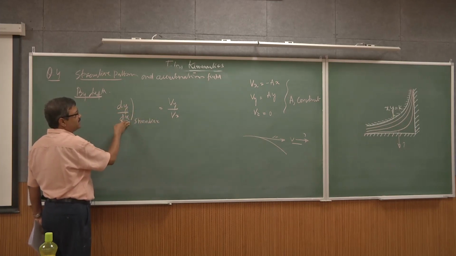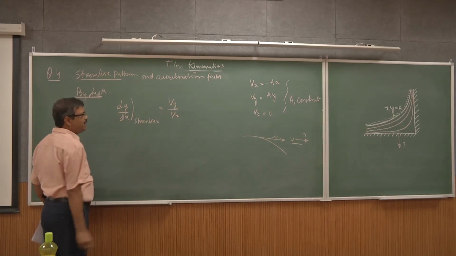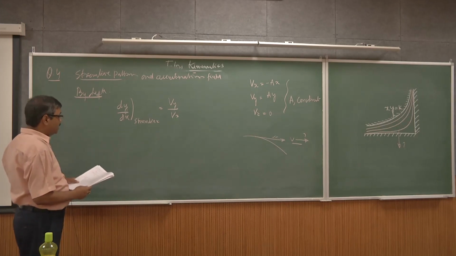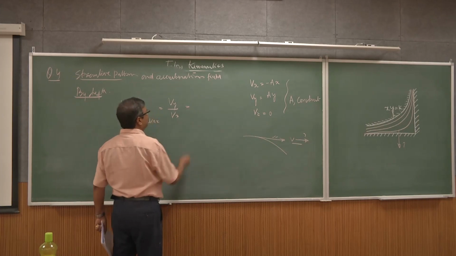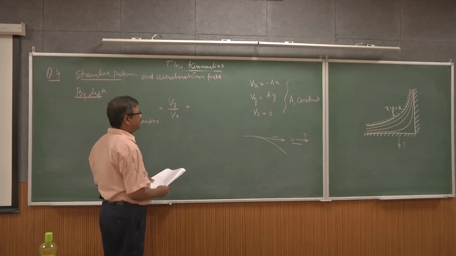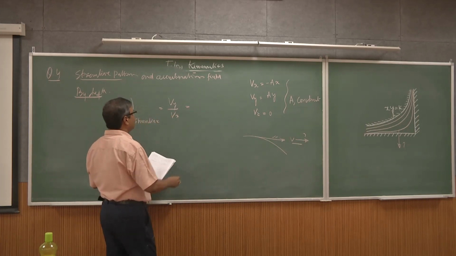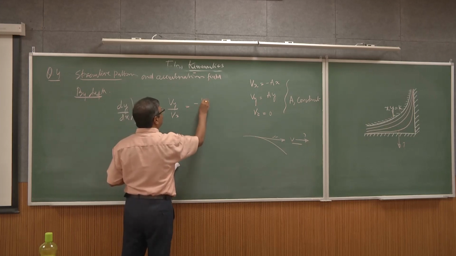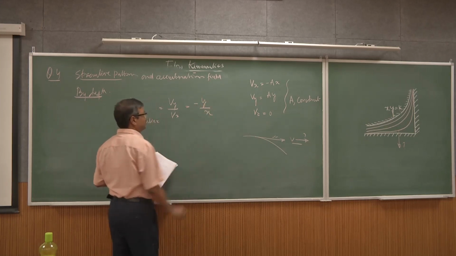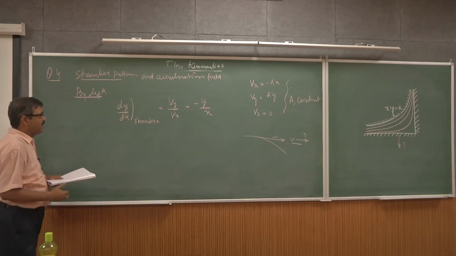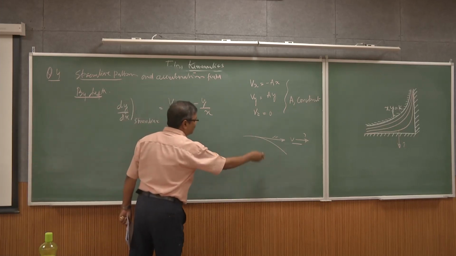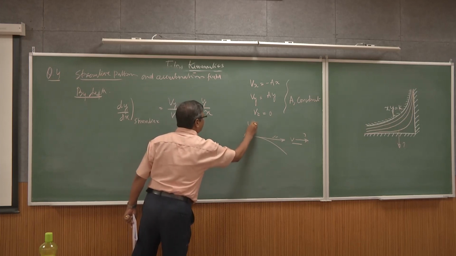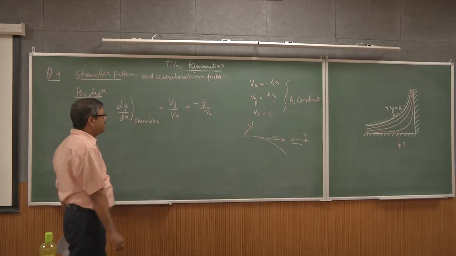The slope of the streamline is equal to Vy by Vx. If I substitute these values, we get minus y by x. So as we are looking at what the streamline function could be, let me size a streamline function here.